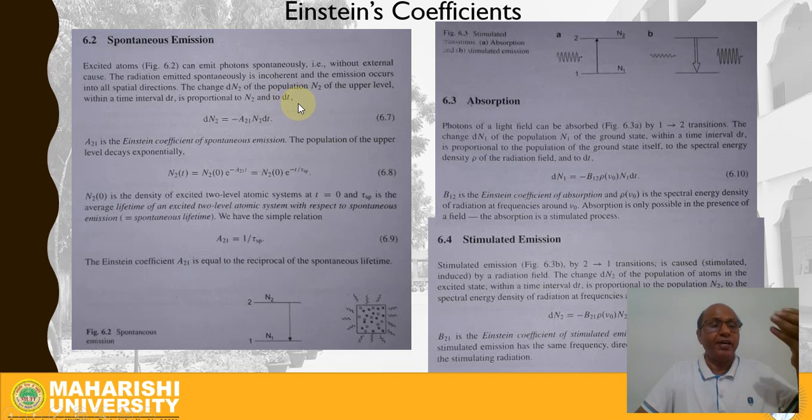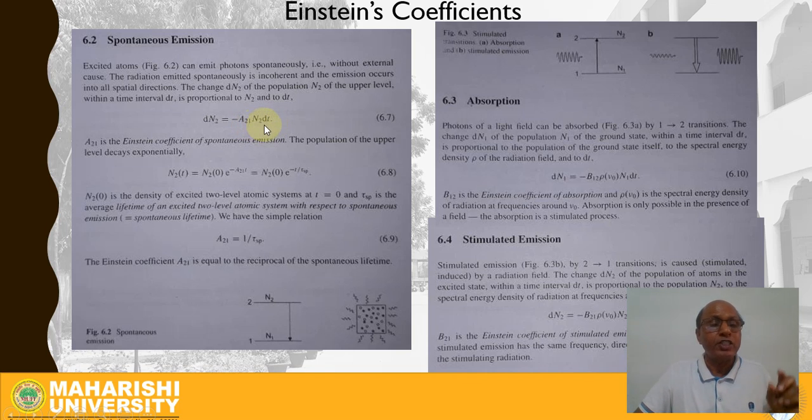Now, once the emission is taking place because of the transition from N2, there is a change in the population at N2. So this population change is defined as dN2 equal to minus A21 N2 dt.